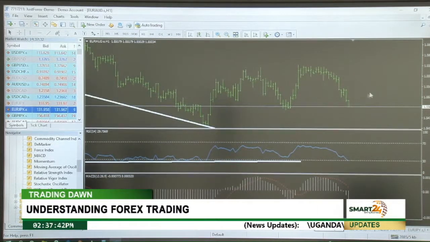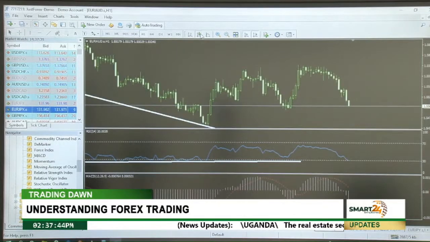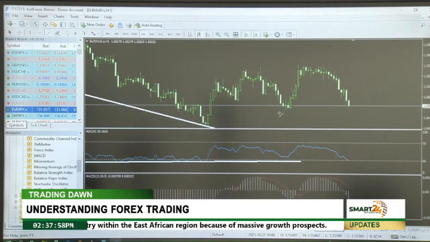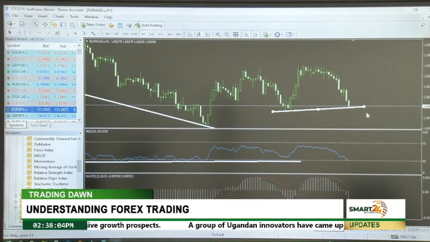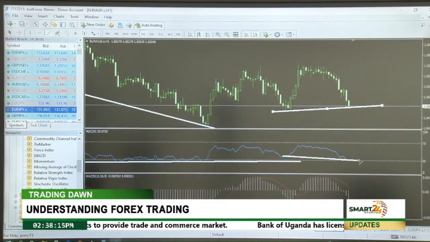Okay, sometimes you don't get a picture perfect setup. You might get something like this. We have two lows here, this low point and another one, assuming it doesn't go any lower than it has. So there we have some higher lows, then on the RSI we have some lower lows.